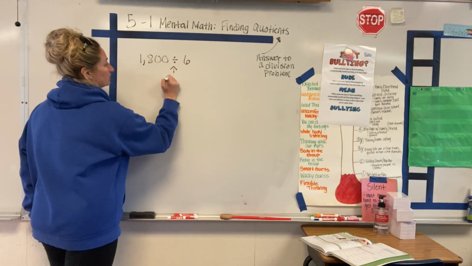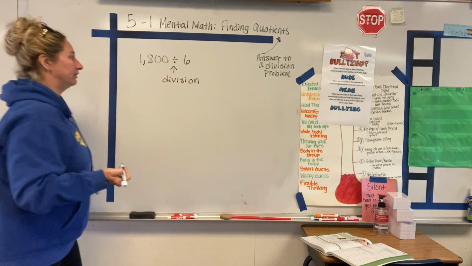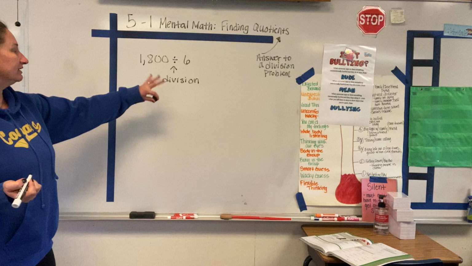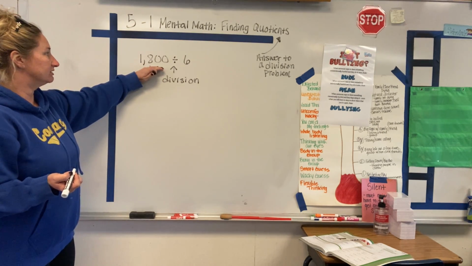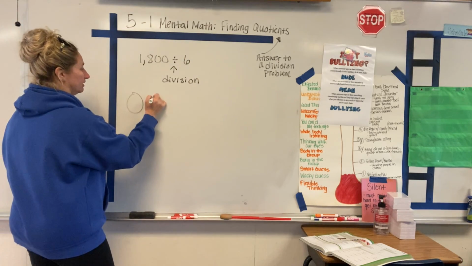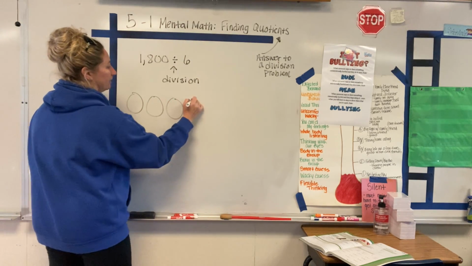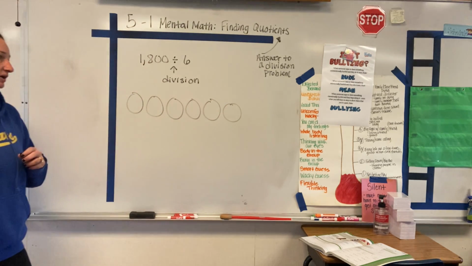Okay, this is division. And what this means is you're taking 1,800 and you're dividing it into 6 equal groups. 1, 2, 3, 4, 5, 6 equal groups.